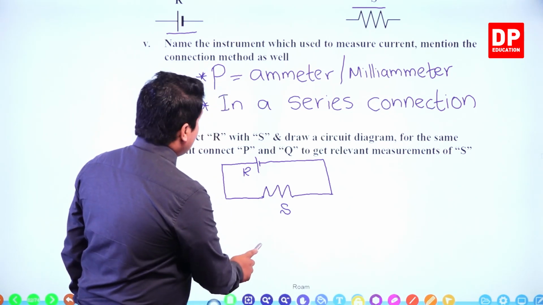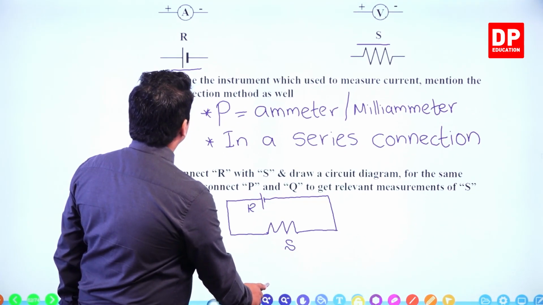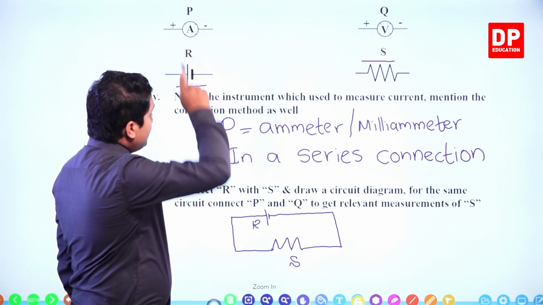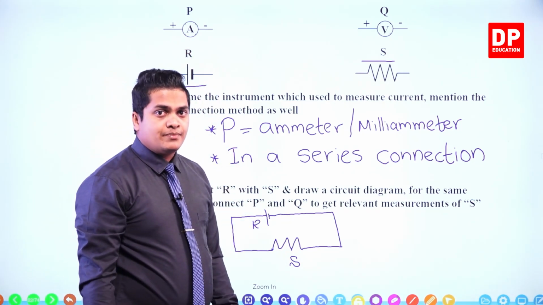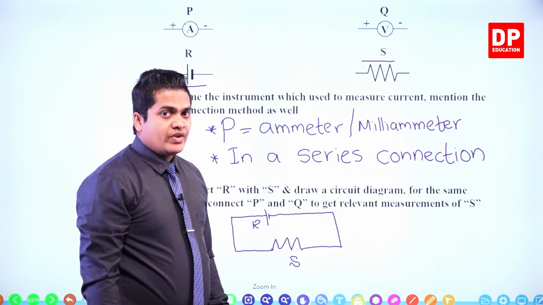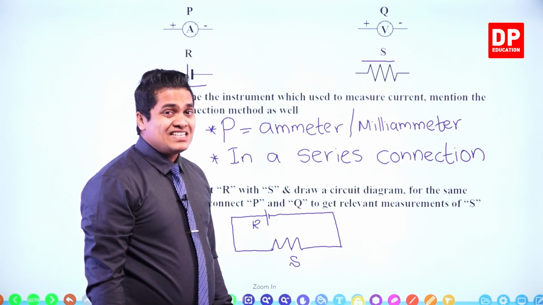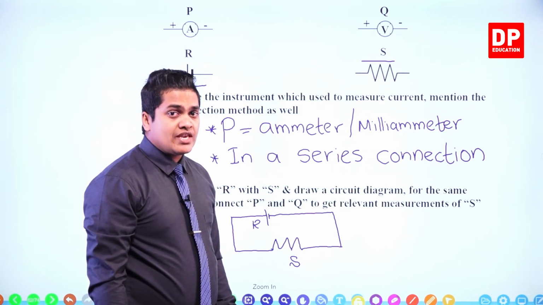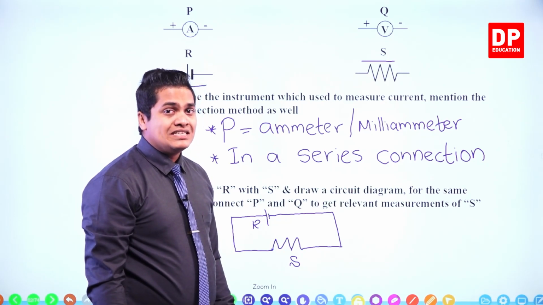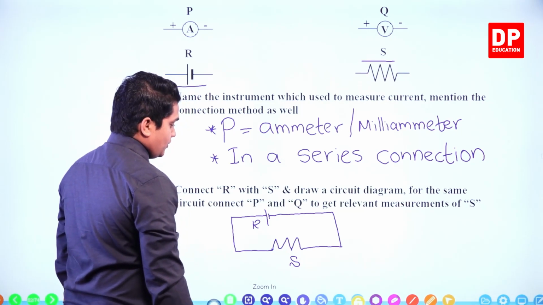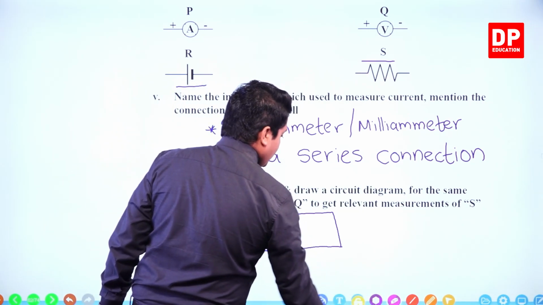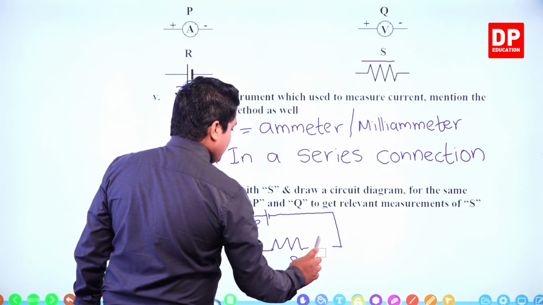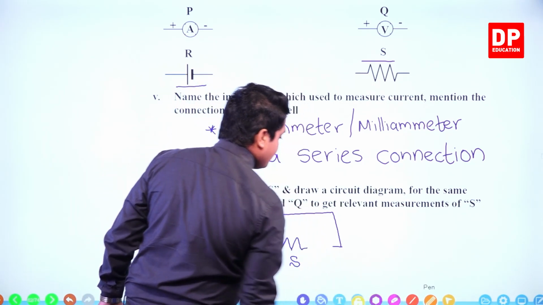So let's see once again what P is. Children, this is P, the ammeter. The ammeter is the P instrument. So we need to connect the ammeter in a series connection. That means the electric current should run through the ammeter and then pass through to the resistor. So if you are asked to draw a setup like that, it should be like this.